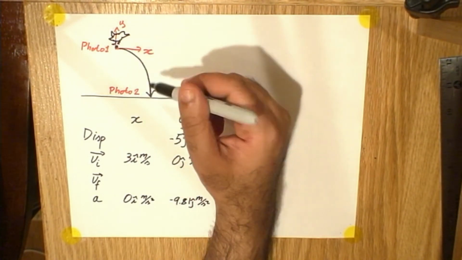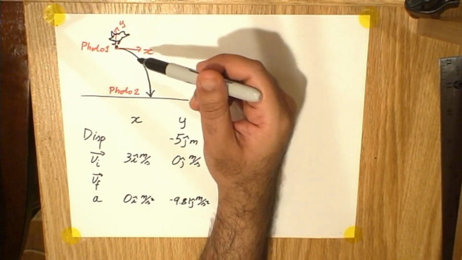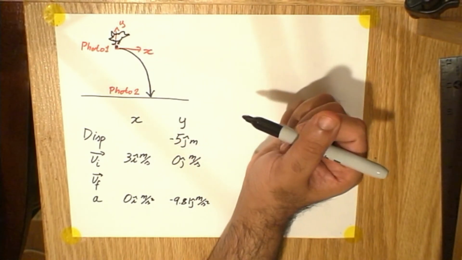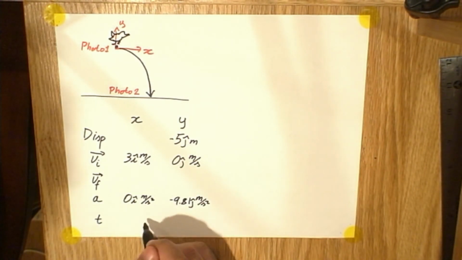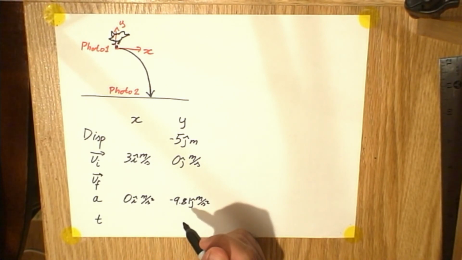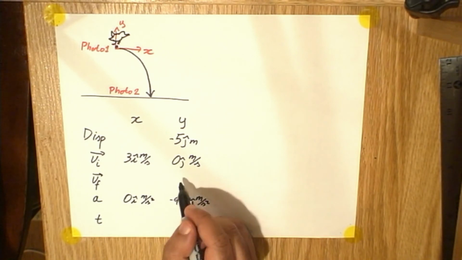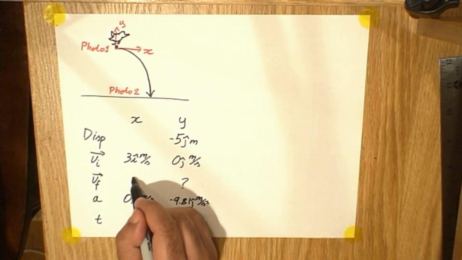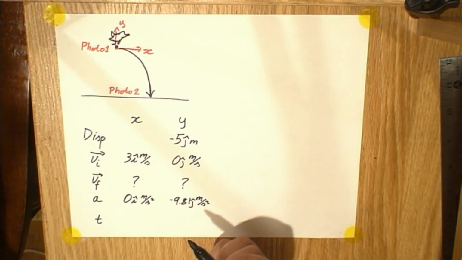Gravity is always downwards, but we set upwards as being positive. And the time is unknown. So what we are looking for is what the velocity of the fish was going to be just as it hits the surface of the water. So that would be the final velocity in x and the final velocity in y.